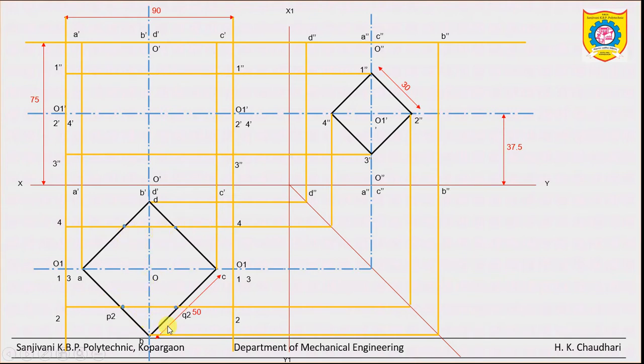We can label the points P2, Q2, and similarly here P4, Q4. For left labels use the P letter, and for right labels the Q letter, and the respective projection.